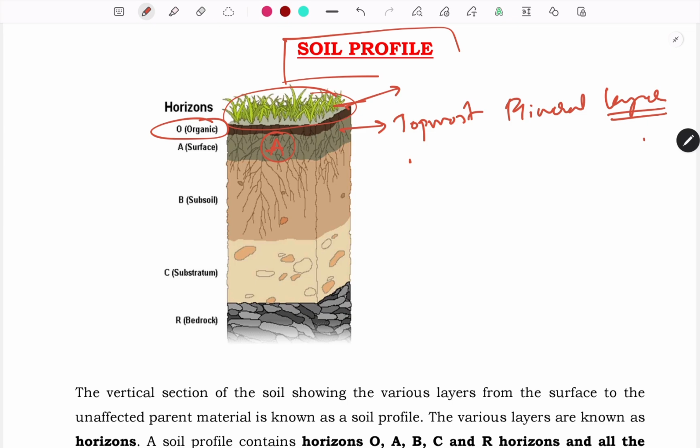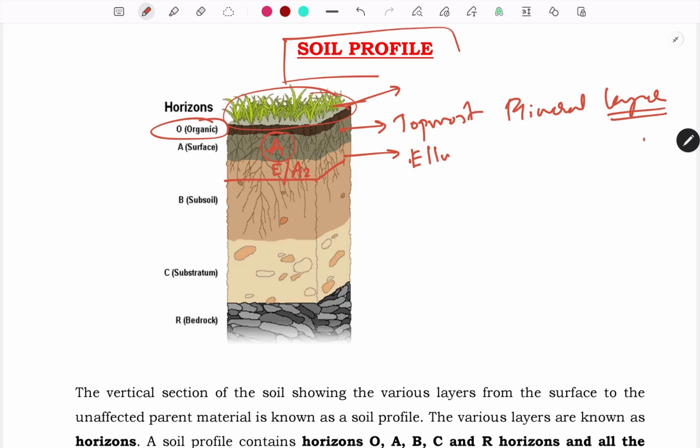Below the A layer there is one more layer, which is not that important. This layer is called the E layer, or the A2 layer. We have already seen the definition of eluviation.